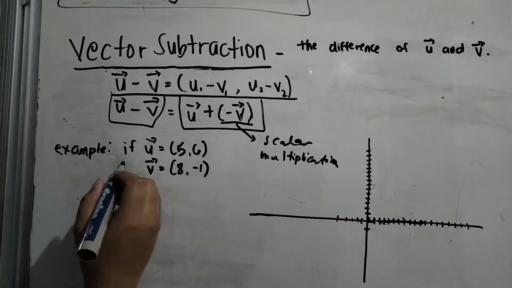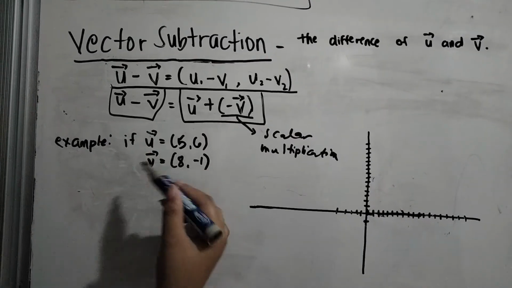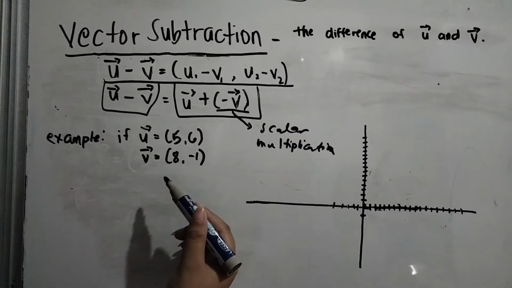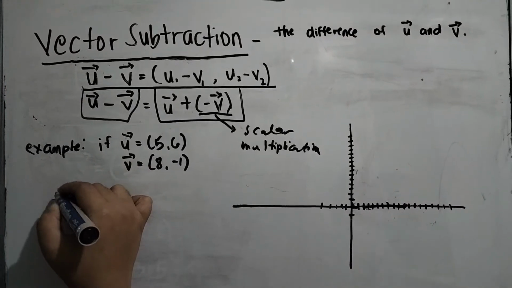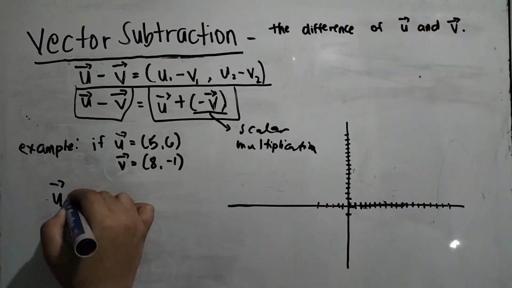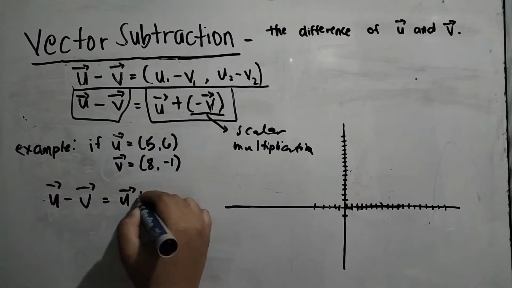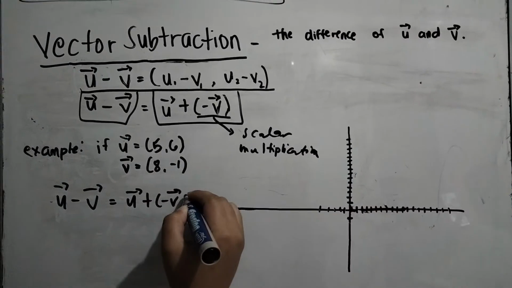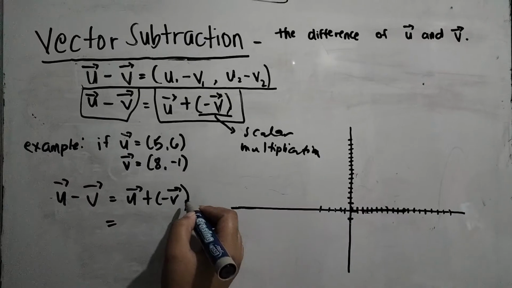For example, if vectors of u is equals 5 and 6, and vectors v is equals to 8 and negative 1. Solve natin gamit yung formula. Unahin na natin itong isolve.